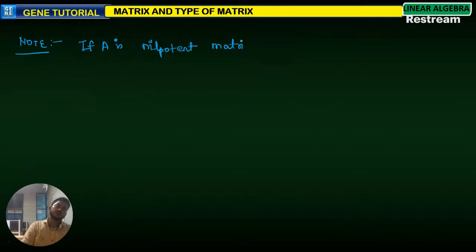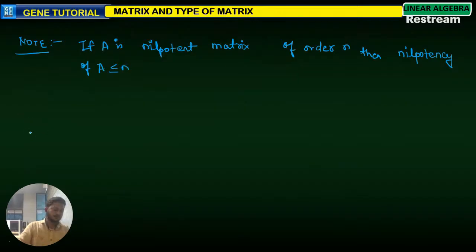The note says that if A is a nilpotent matrix of order n, then the nilpotency of A is less than or equal to n.